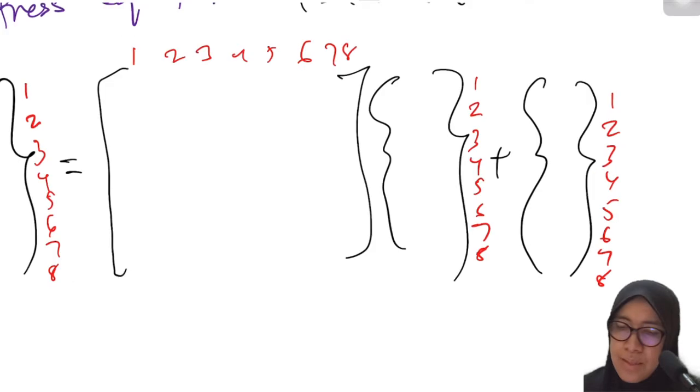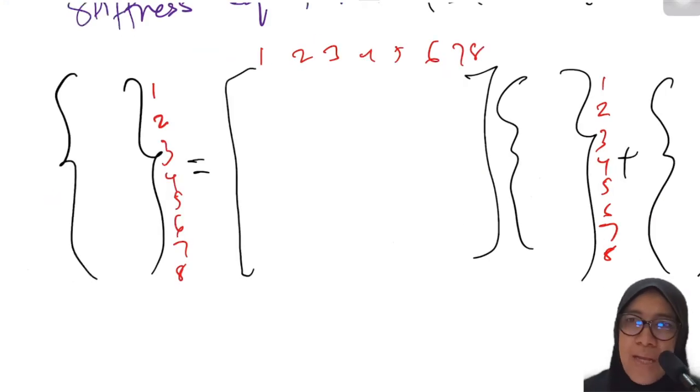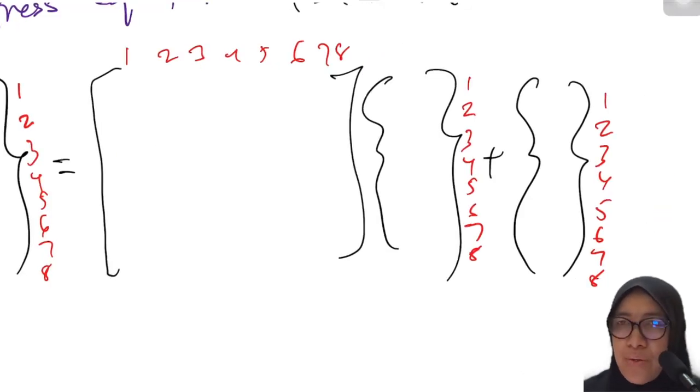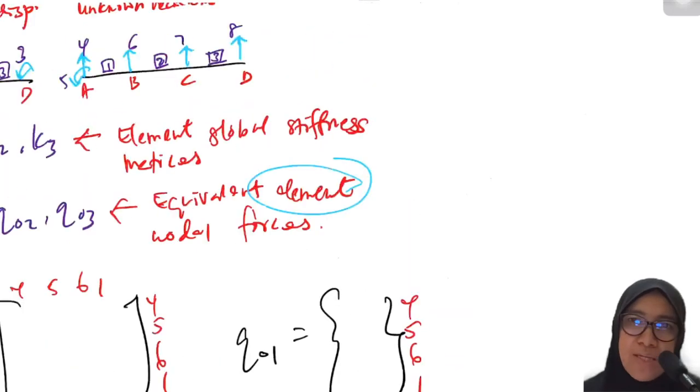Of course, for the case where we don't need to consider settlement, the support displacement is equal to 0. That is why we need to understand this very well.